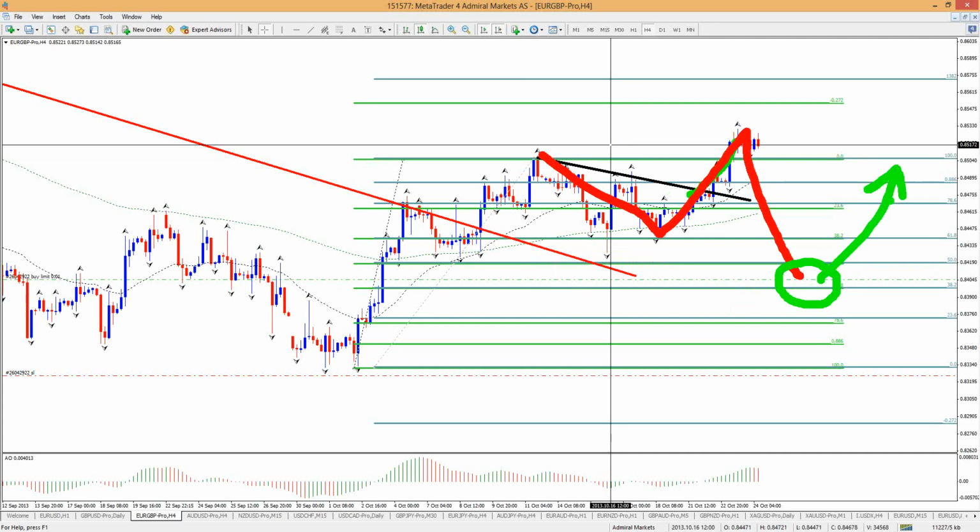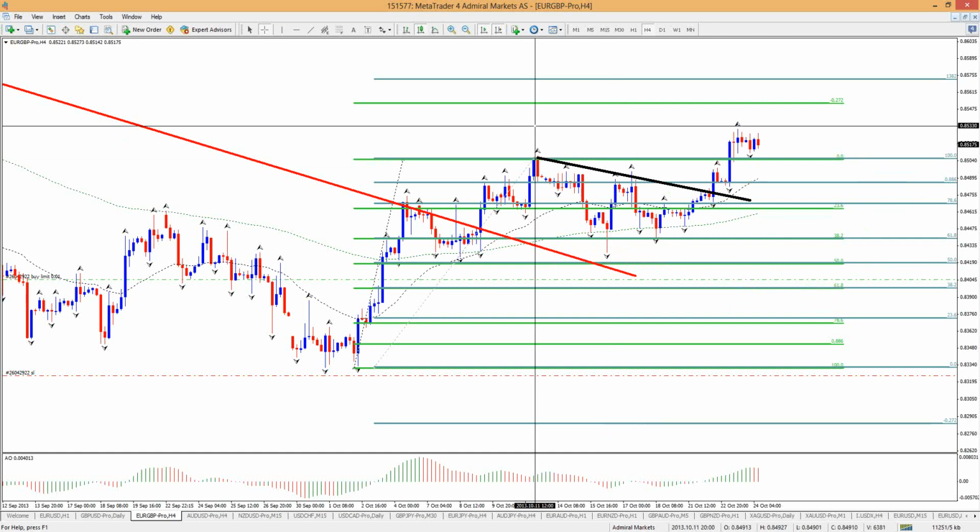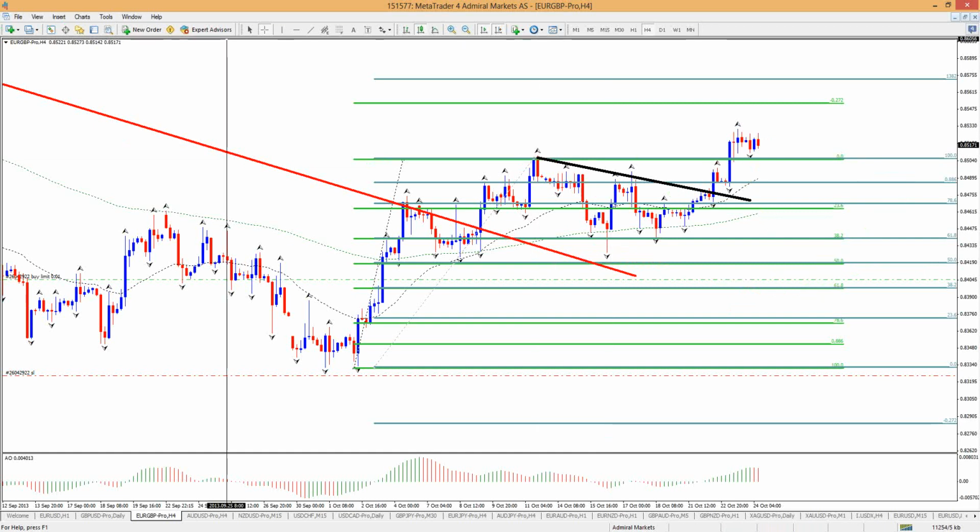Why is it 85.70? I have to check the level again. One second, let me do that. I'm going through my notes. It's a fib level, that's for sure, but I'm checking which level it is.